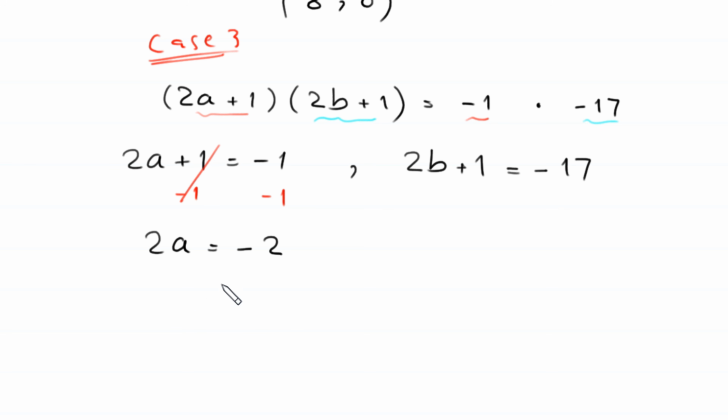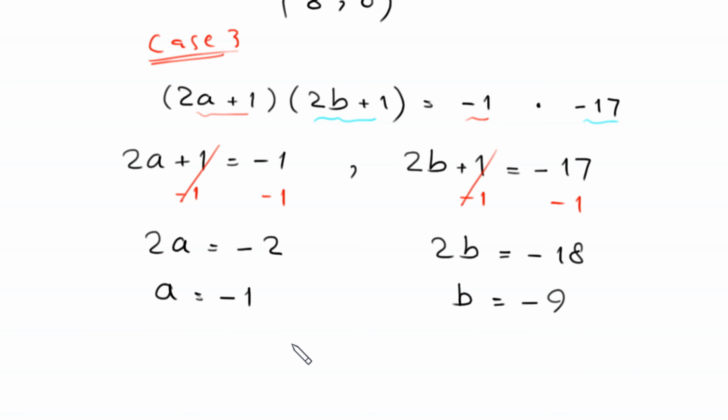If we divide both sides by 2, we get the value of a is equal to negative 1. In this equation, if we subtract 1 from both sides, 2 times b is equal to negative 18. If we divide both sides by 2, we get the value of b is equal to negative 9. So from this case we get another pair negative 1 comma negative 9.